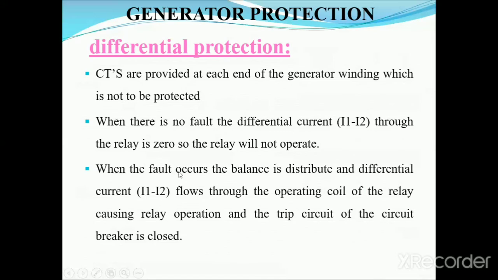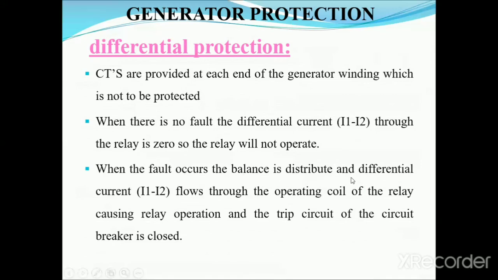When a fault occurs, the balance is disturbed, and the differential current I1 minus I2 flows through the operating coil.